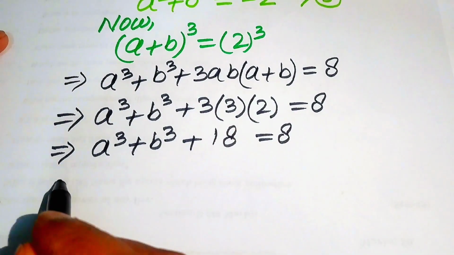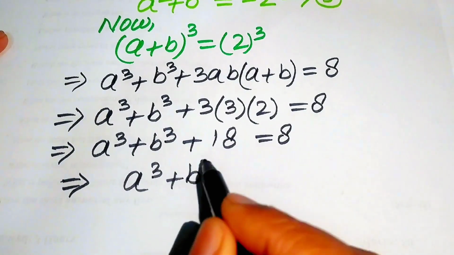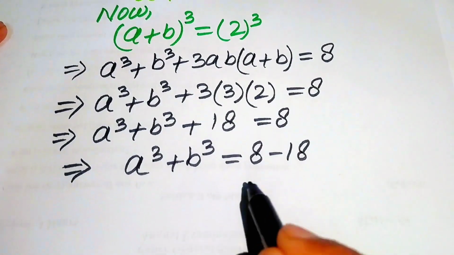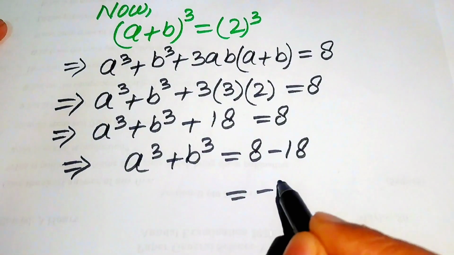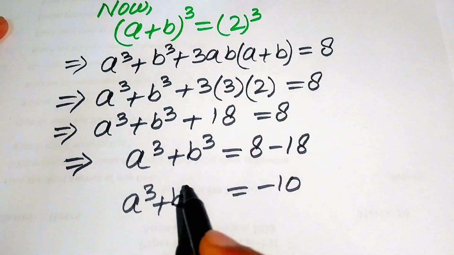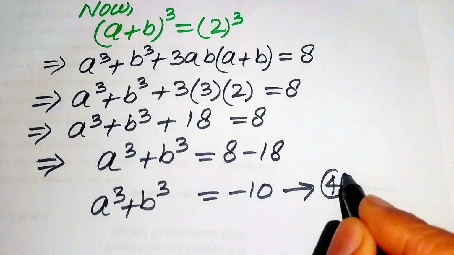Now we move this 18 to the right hand side, and we get a cubed plus b cubed equals 8 minus 18, and 8 minus 18 equals minus 10. So this is the value of a cubed plus b cubed, and we call this equation number 4.